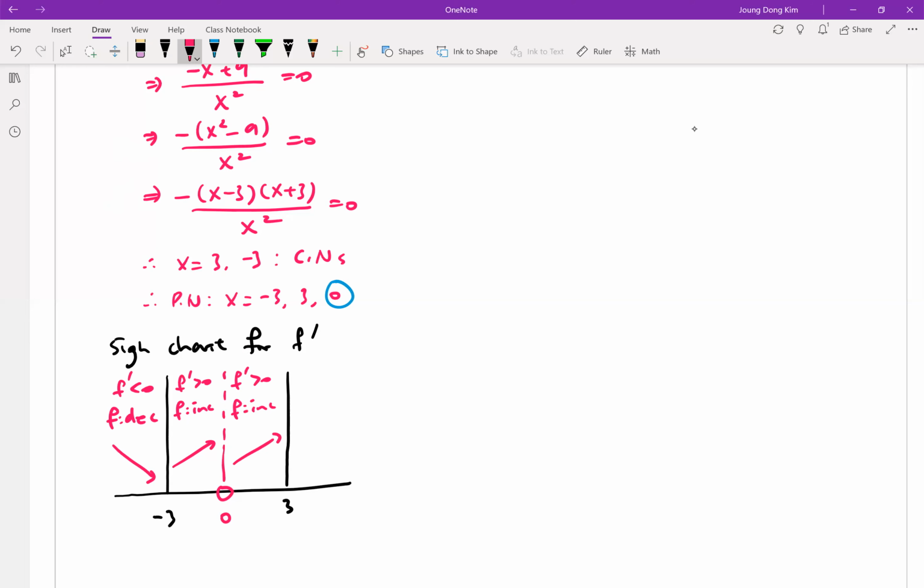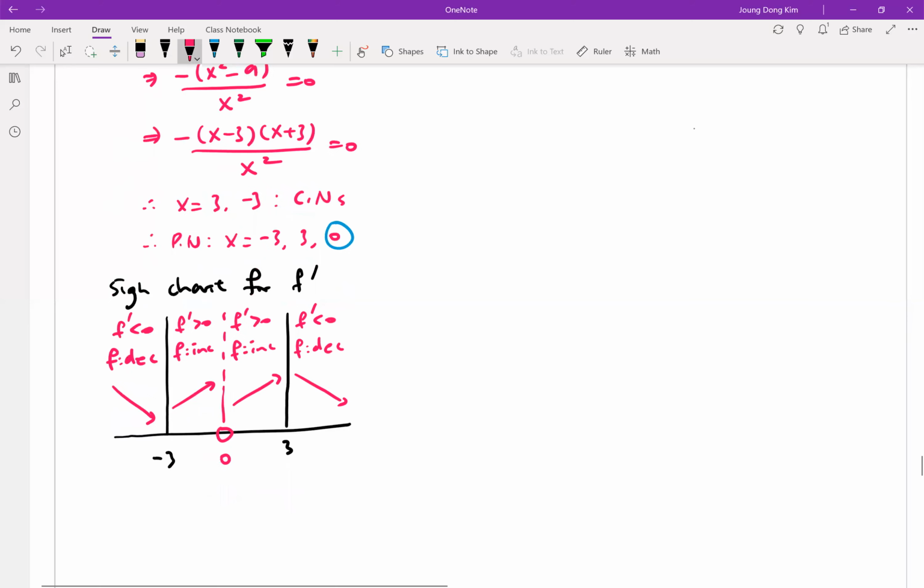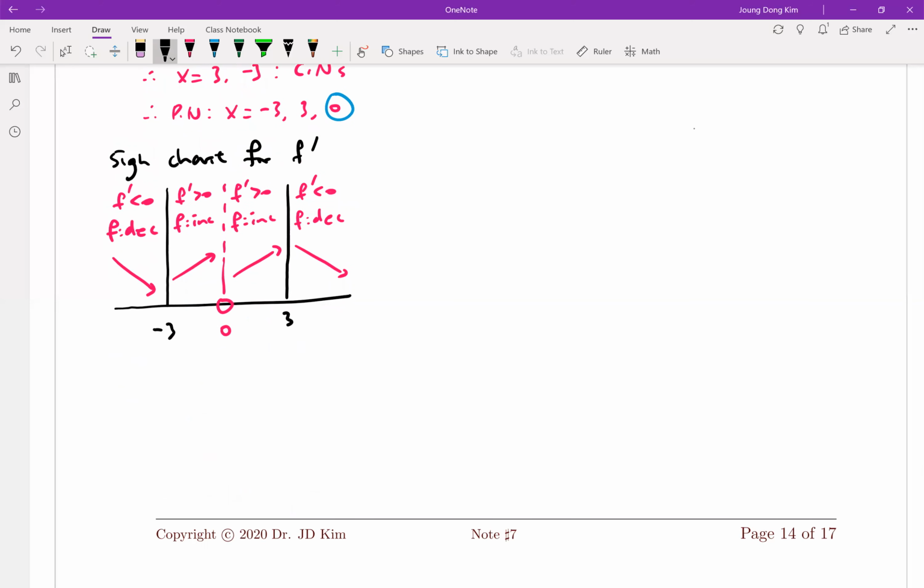And bigger than 3, maybe 5: negative, positive, positive, which is negative. That's it. With this sign chart, we can answer the whole first part, right? There we go. Decreasing on the interval from minus infinity to minus 3 and 3 to infinity. Increasing is minus 3 to 0 and 0 to 3.